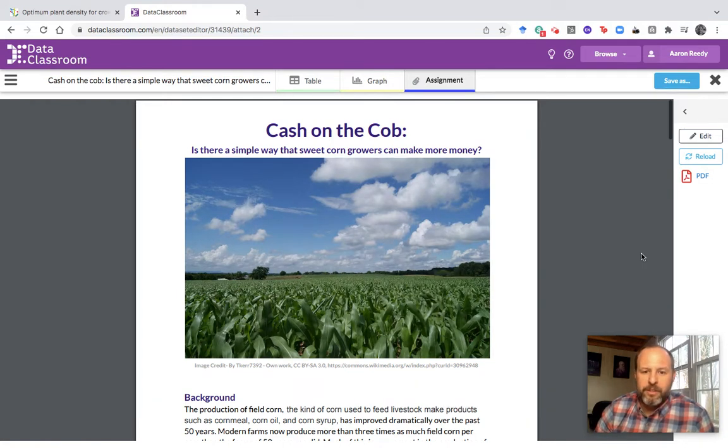So what the researchers did here is they took varieties of sweet corn that are specifically hybrids bred for resistance to stress due to crowding. And they planted these fields at different densities with that hybrid seed and looked at what that did to production and carried that all the way through for some analyses of profit.